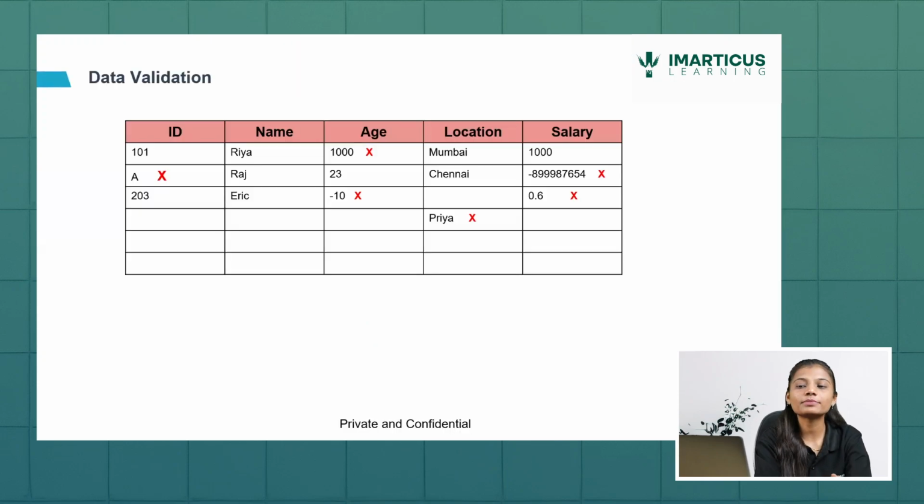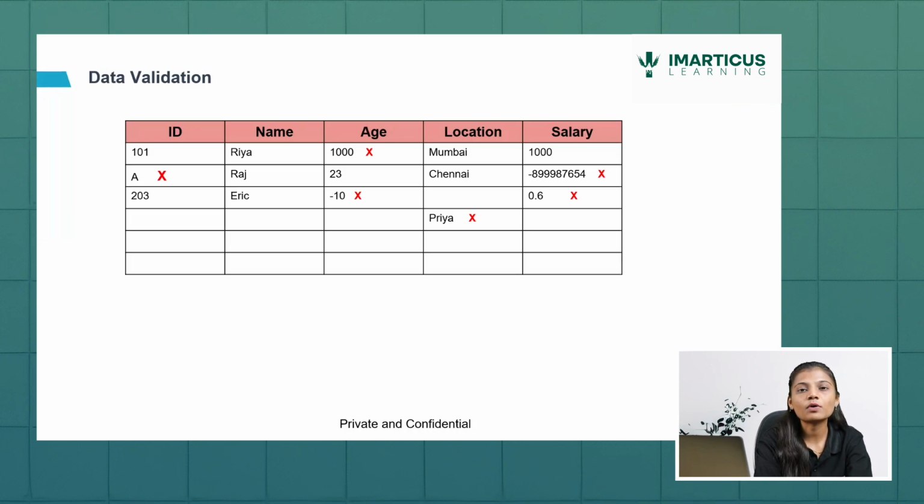Imagine, for example, that this is a table. In this table I have certain columns such as ID, name, age, location and salary. So this data is related to employee information, and in those IDs I have numbers, that is 101, 102, 103, 104, 105 and so on.